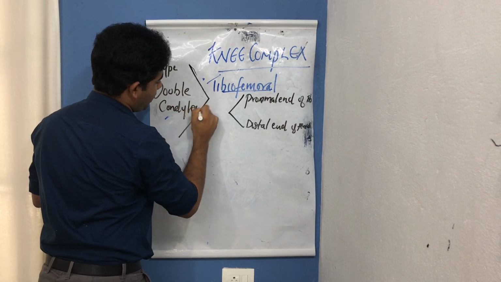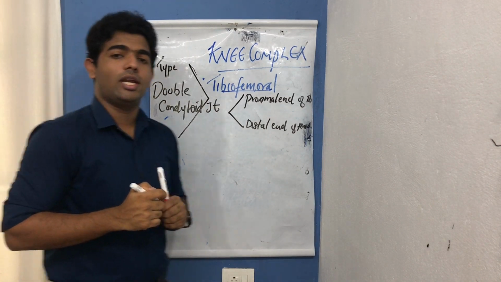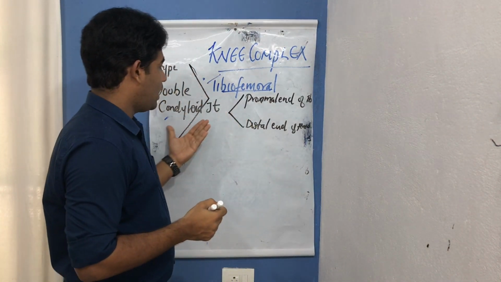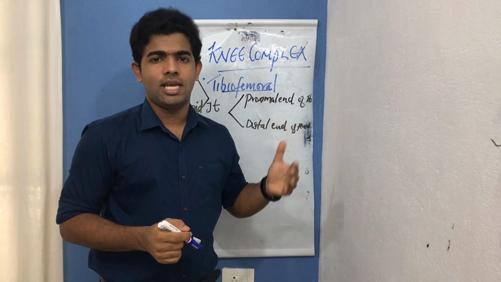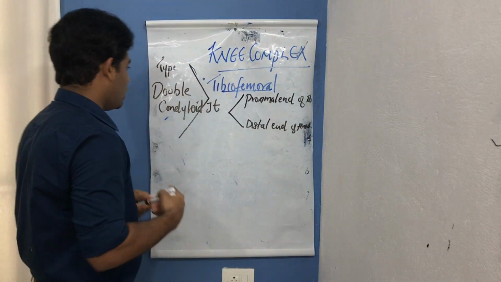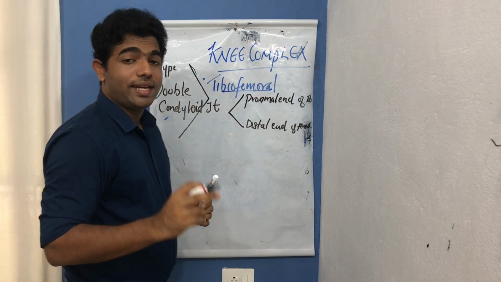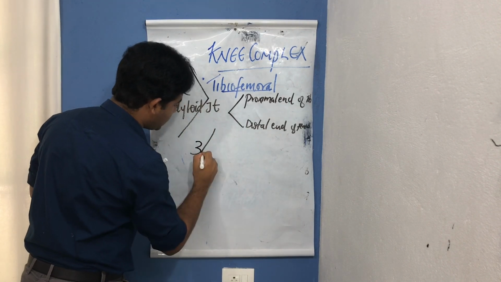You know that a condylar joint is one type of synovial joint, but the double condylar joint is the peculiar type seen in the tibiofemoral joint. Since it's a synovial joint, it has 3 degrees of freedom.